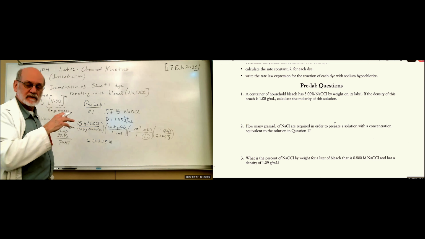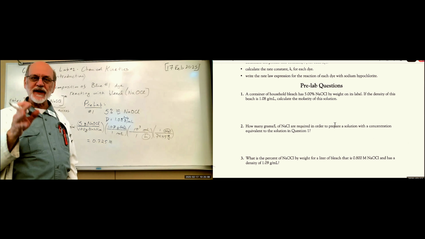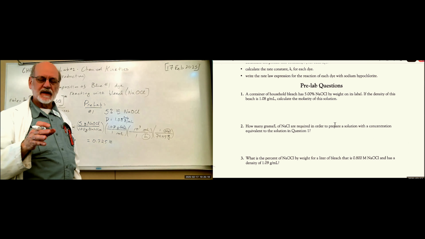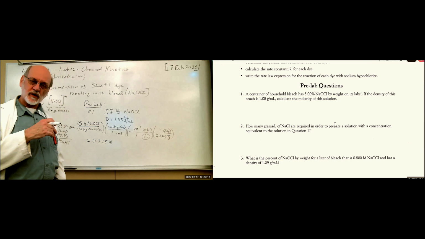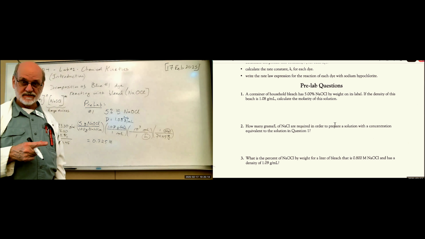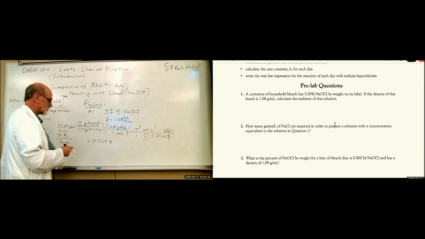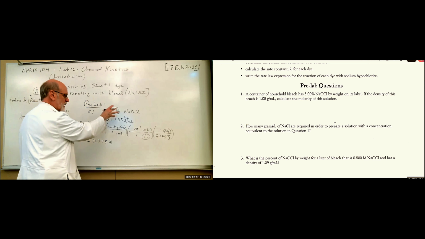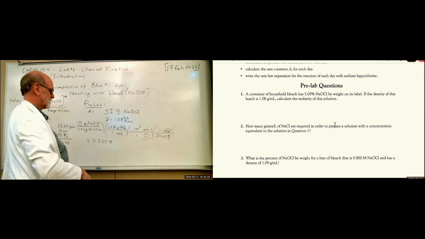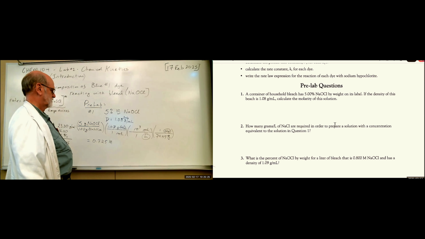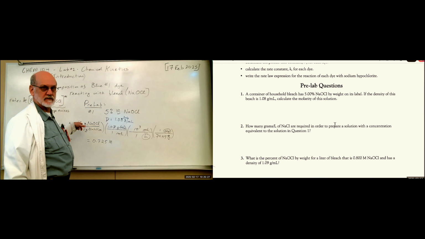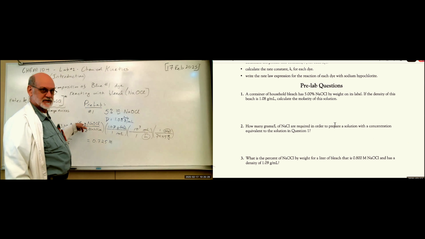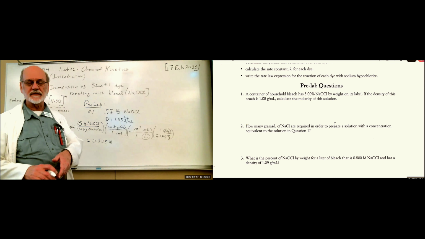Now, this example is for 5% sodium hypochlorite. In our experiment, we're going to be using 6%. So you need to be able to calculate the concentration of the sodium hypochlorite in 6% bleach. So what would you need to do? Just change that to 6 and recalculate.